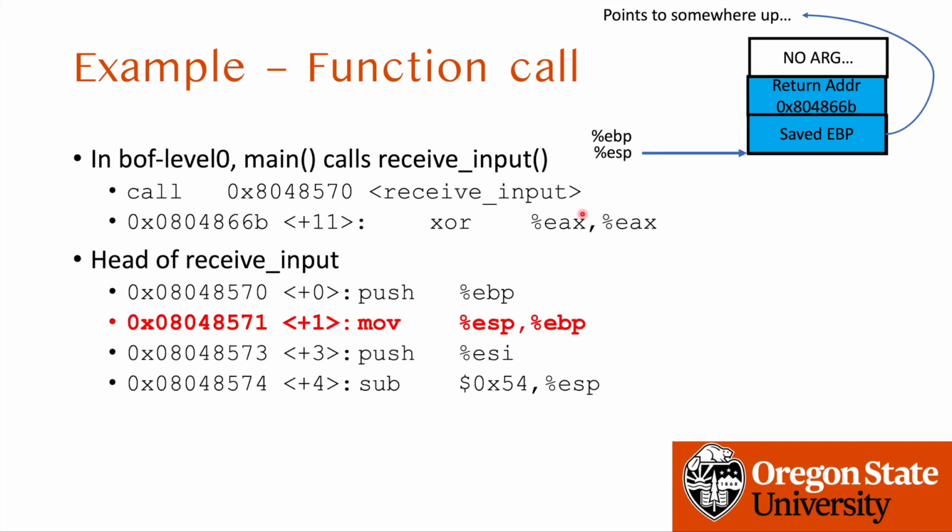The instruction makes the EBP go down to the ESP, and the EBP now points to the new bottom of the stack. Then the next instruction is push ESI, and we do this because this function uses ESI to store some value, and at the time of return we want to restore the ESI to the original value that the main function expects.